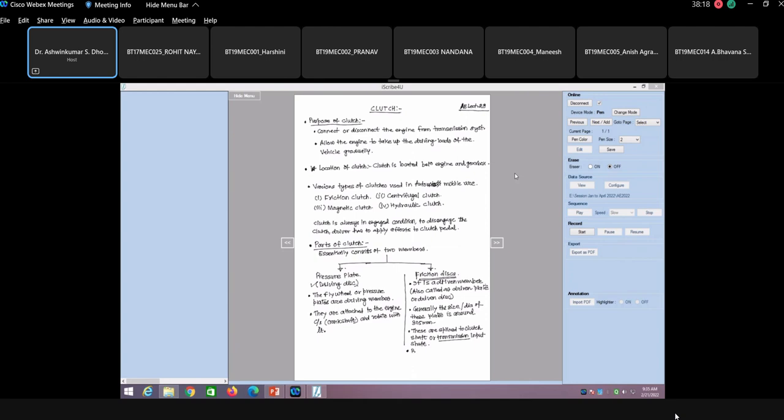Both shaft and disc turn together, but the friction disc can slide back and forth on shaft splines.